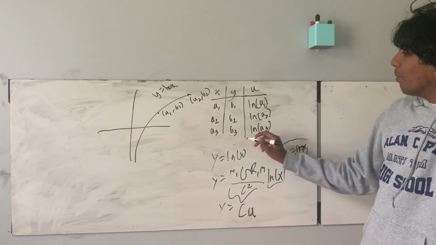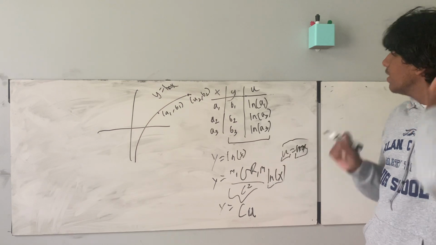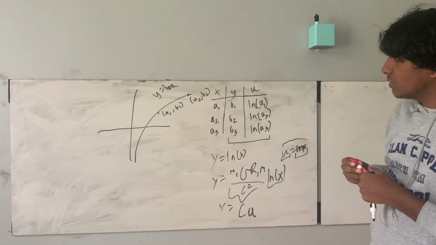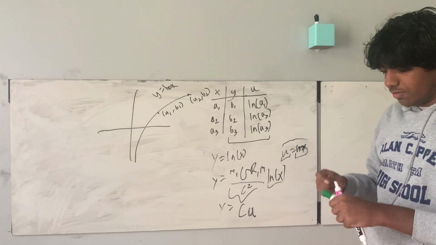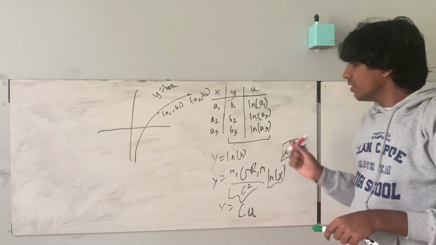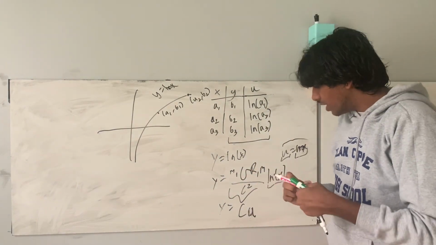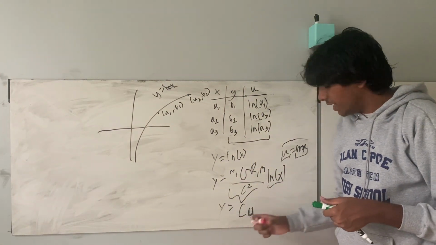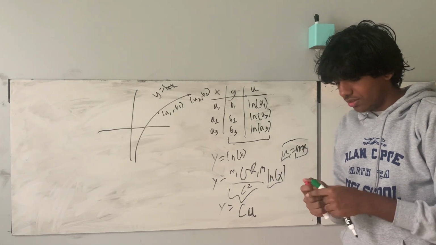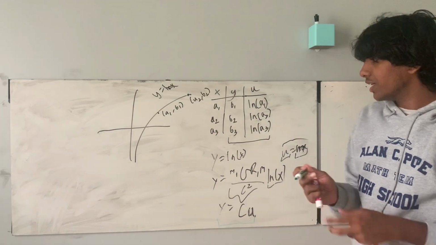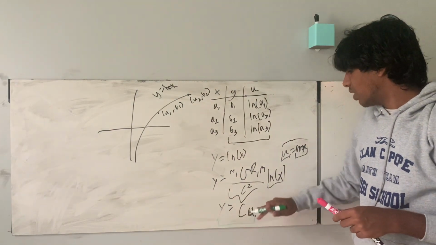Now, when we plot points again, hopefully one of these markers is working. Let me just choose one so you don't get confused. Hopefully this pink marker is working. If we plot these points now, since we used a dummy substitution, y equals some constant times u.